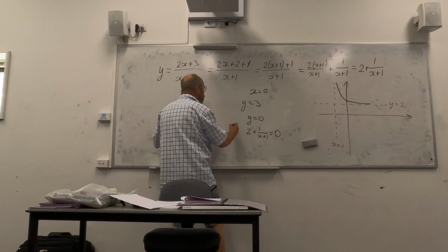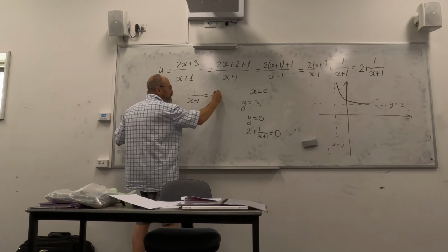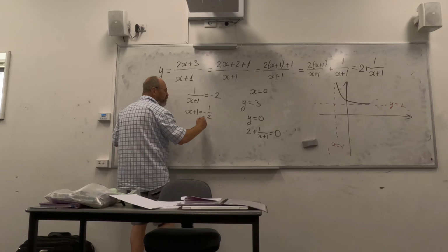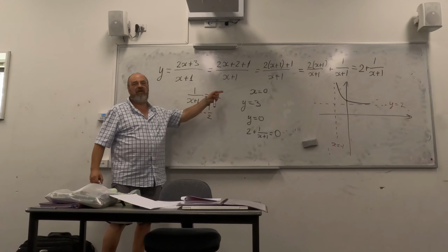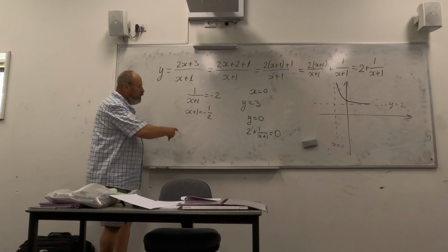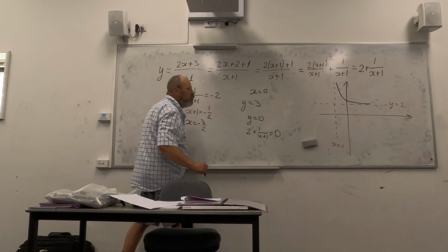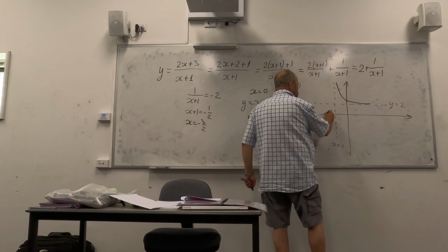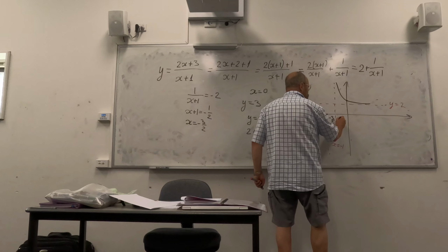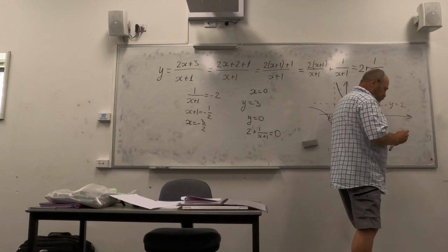So 1 over x plus 1 equals negative 2. x plus 1 equals negative half. We can flip both sides, whatever you prefer. So x equals negative 3 over 2. So the x-intercept is (negative 3 over 2, 0), and we can sketch the second branch.